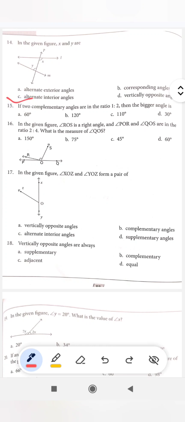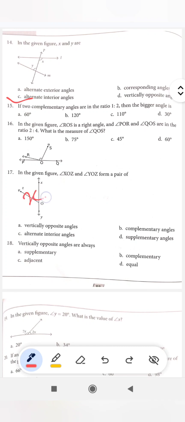There is a common confusion that if they are not parallel, they are also not alternate interior angles. No, even if they are not parallel, they are alternate interior angles because they lie in the interior of the two lines, and they are alternate because they are on opposite sides. Got it?